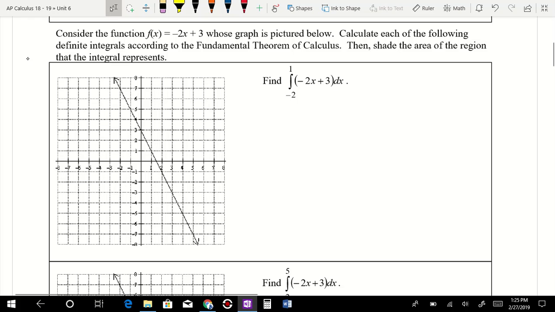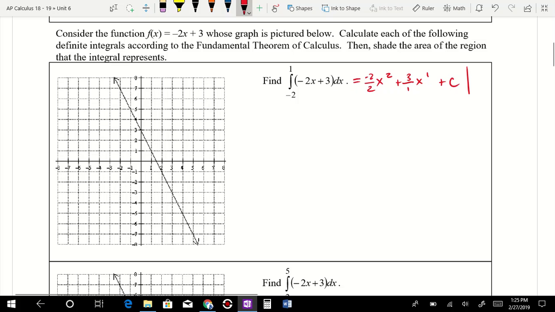So our first step in using FTOC is we first need to figure out what the antiderivative of the function is. So in this case, our antiderivative, right, we want to add 1 to all the x exponents, and then we want to divide our coefficient by our new exponents. So we have negative 2 over 2 and 3 over 1, and then we add our c.